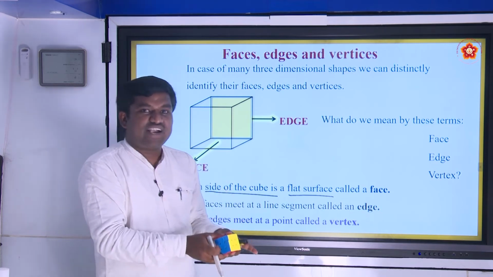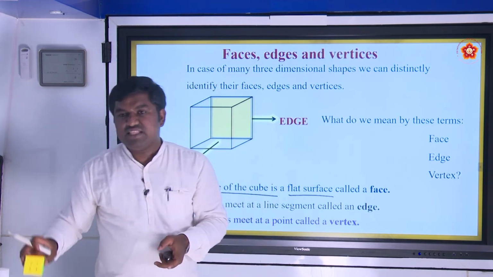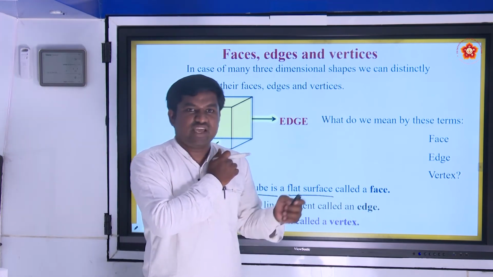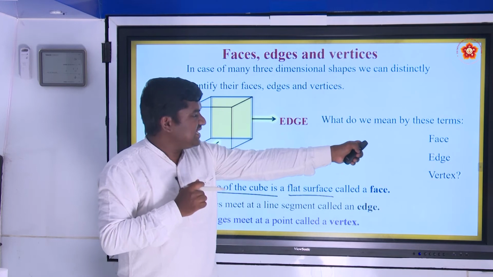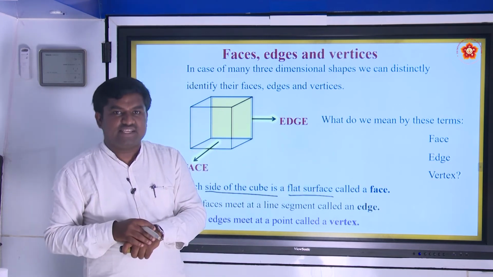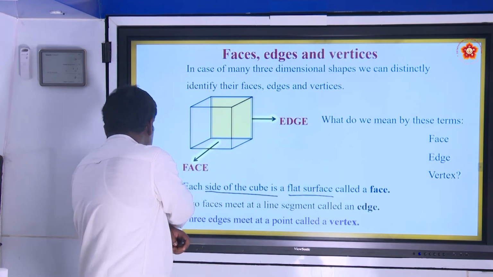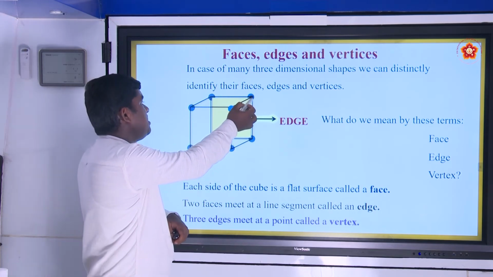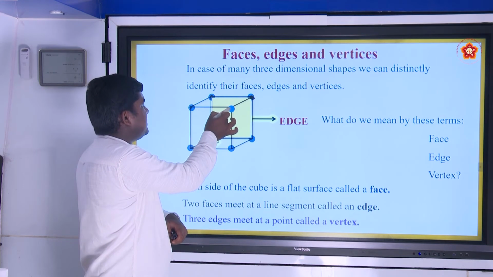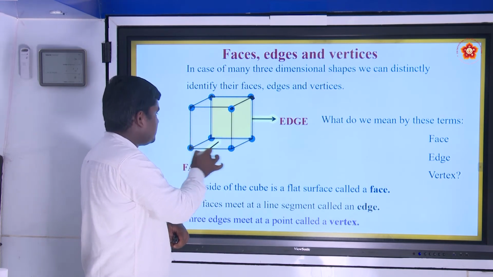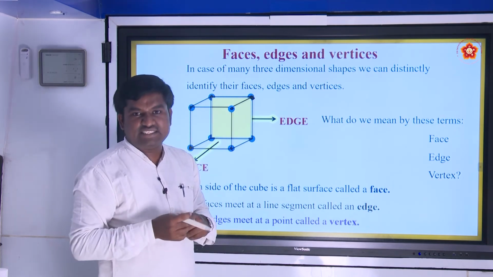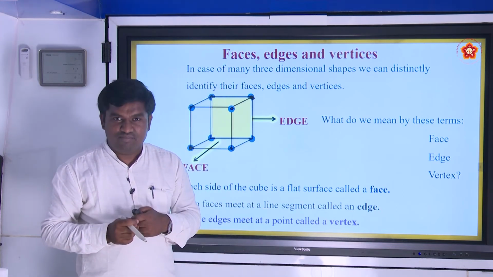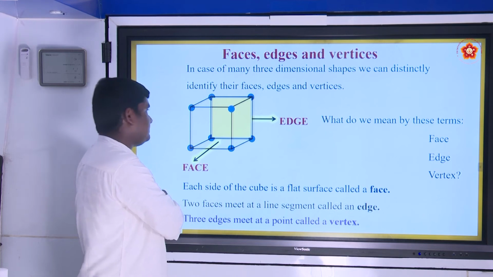These are all vertices. So many three-dimensional shapes we can distinctly classify by using face, edge and vertices. Next we will go one by one. Please note that vertices is the plural form, vertex is the singular form.